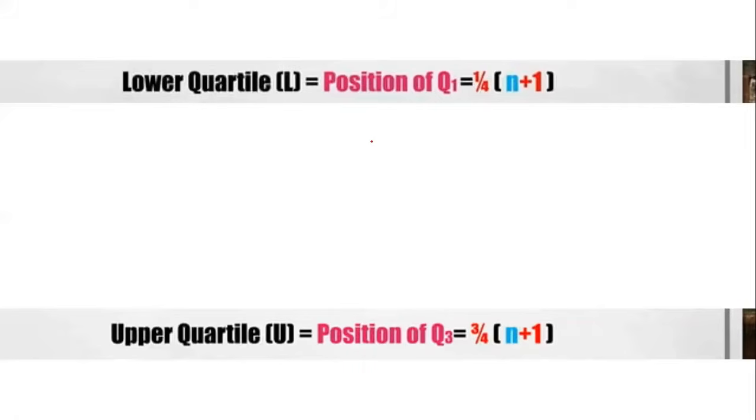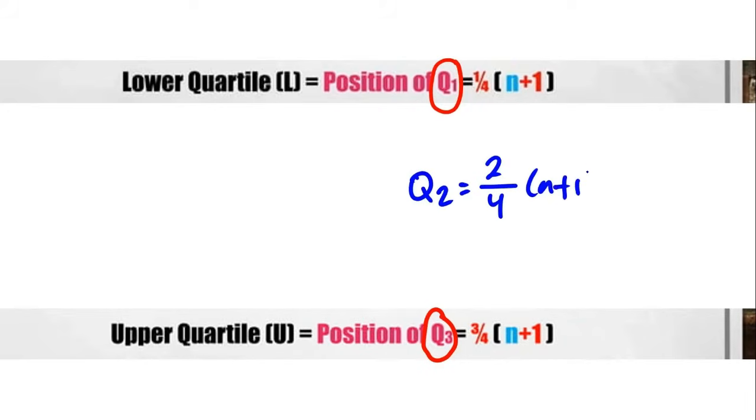Okay, so these are the formula for quartiles. So pag position of Q1 natin, we have 1 over 4 times n plus 1. Pag Q3 naman, we have 3 over 4 times n plus 1. Of course, if we have Q2, we have 2 over 4 times n plus 1. So yan lang naman yung formula natin for quartiles.